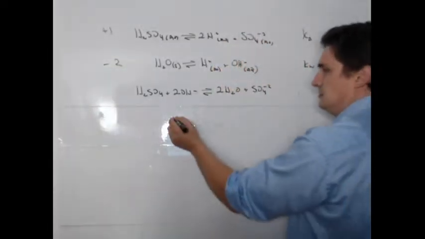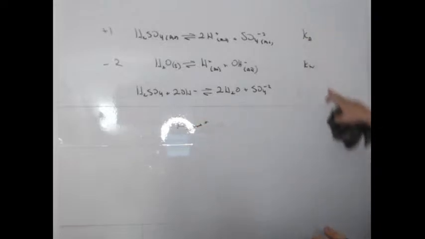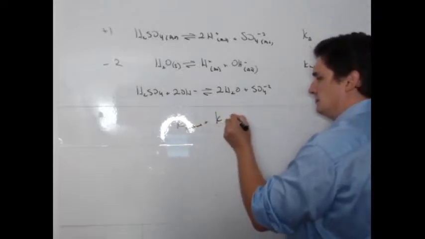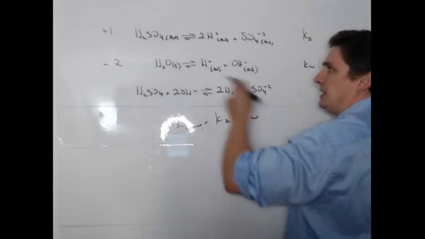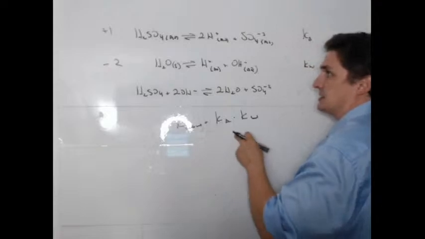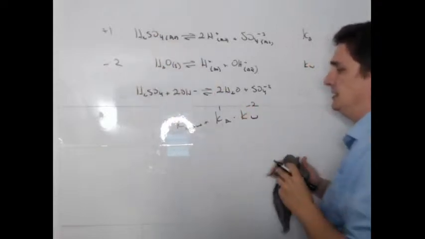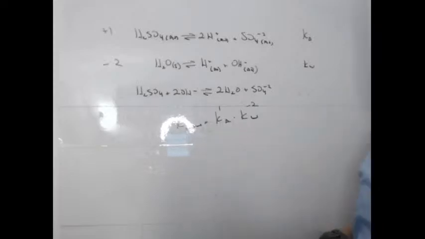My K new is all the equilibrium constants multiplied together, raised to the powers that you're multiplying them by. So since Ka, we're taking it once, Kw, we're subtracting it, your new K new is Ka times Kw to the negative 2.